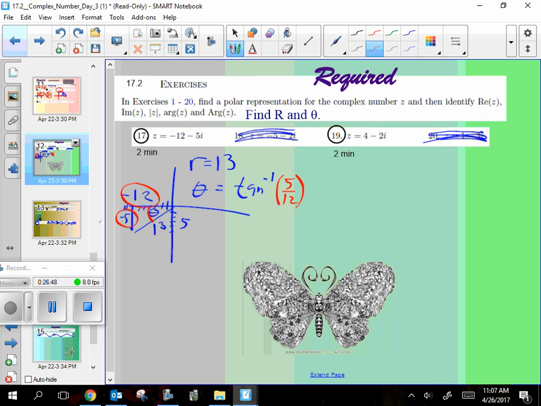Ooh, interesting point. I get what you're saying. It's okay. I do remember, I know what you're talking about. That's no man's land, okay? But all we're trying to do is find an angle. And if I use my calculator and type in inverse tan of 5/12, it'll work.